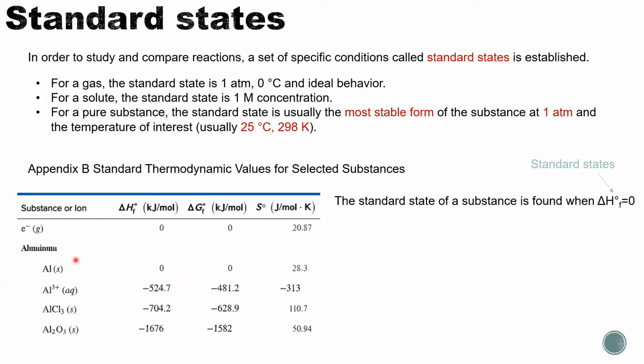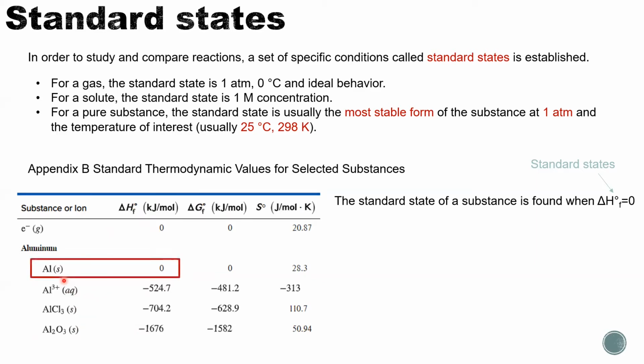For aluminum, there are different forms of substances. They can be solids, aqueous solutions, compounds, or elemental substances. If we look at the second column, delta H°f, only one of them has a value of 0. That corresponds to the elemental substance under standard conditions, standard states.